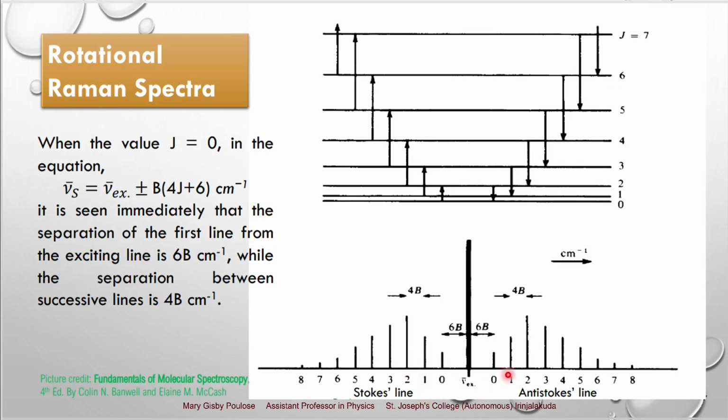Here in this spectrum, we have plotted the spectral lines with frequency or wave number on the x-axis and intensity of the line on the y-axis. That is why we obtain the anti-Stokes lines on the higher wave number side or higher frequency side, and Stokes lines on the lower wave number or lower frequency side.